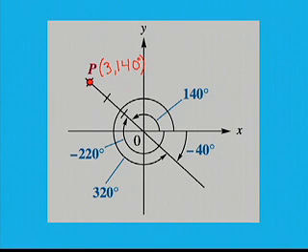Let's start with this positive angle here of 320 degrees. Now, it brings me to this line. And that line means that if I want to go in the opposite direction, the direction of this arrow, I actually need to have -3 units.